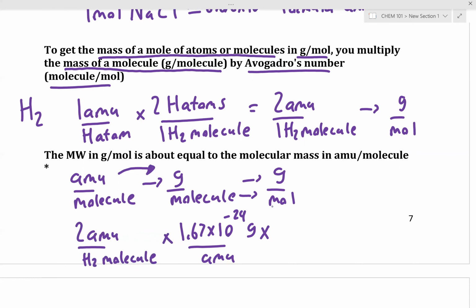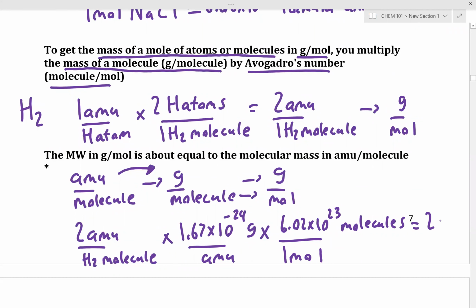You want your units to be in the same location as they are in your final output. So then, in 1 mole, that corresponds to how many molecules? Yep, exactly. So let's plug that in. 6.02 times 10 to the 23rd molecules.